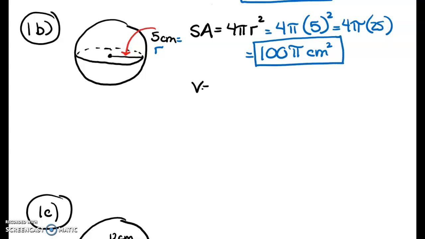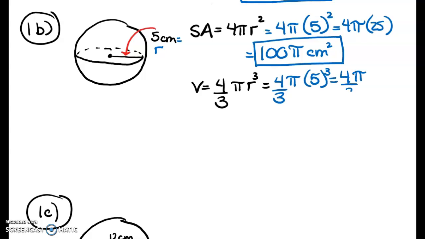And then my volume formula is 4/3 pi r cubed. So I get 4/3 pi. Now I have to cube my radius. So I get 4/3 pi times 125. All right, so 3 does not go into 125, so I need to multiply 125 times 4.